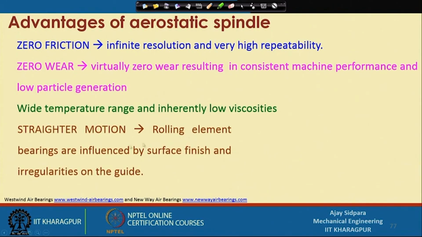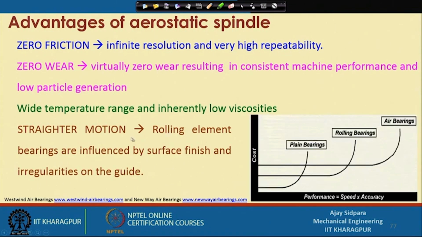Straighter motion: rolling element bearings are influenced by the surface finish and irregularity on the guides, because if the surface is very rough, the rolling element is also in physical contact. Consider this is the ball and these are the two surfaces between which it is moving, this is the outer race and this is the inner race. You need a certain amount of roughness, otherwise it will start sliding instead of rotating.